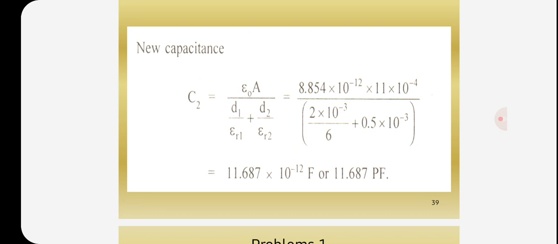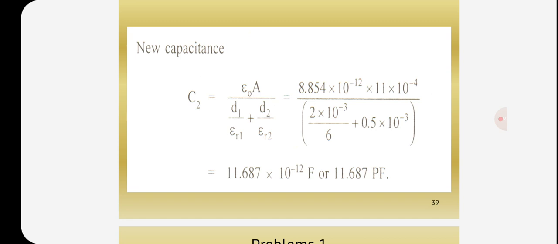Next, for the new capacitance, C2 is equal to epsilon naught A by d1 by epsilon r1 plus d2 by epsilon r2, that is equal to 8.854 into 10 to the power of minus 12 into 11 into 10 to the power of minus 4 by 2 into 10 to the power of minus 3 by 6 plus 0.5 into 10 to the power of minus 3.